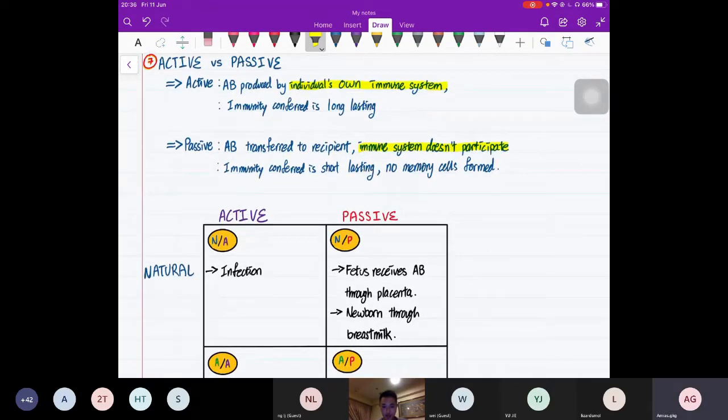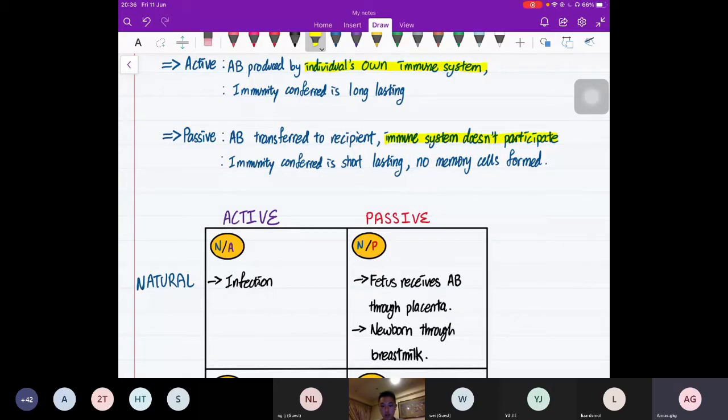Then we talk about natural passive versus natural active. Natural active, again, is your infection. You get a common cold, you go through natural active immunity. Natural passive immunity is where your fetus receives antibodies from your mother via the placenta. Why is it passive? Because it receives the antibodies, but its own immune system didn't go through the innate or adaptive immune response.